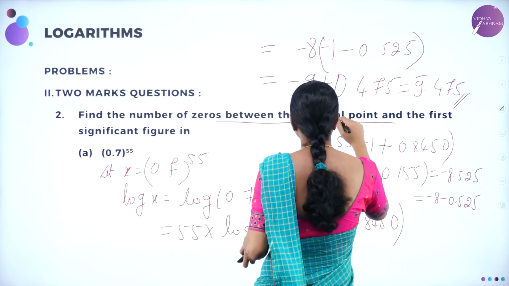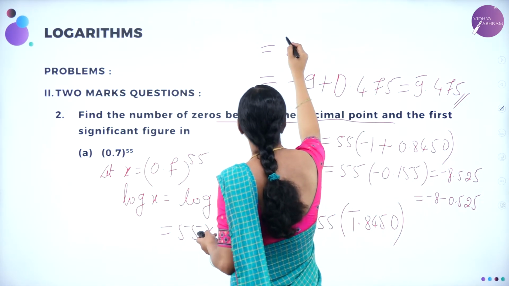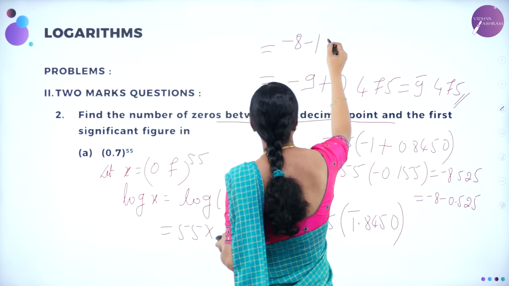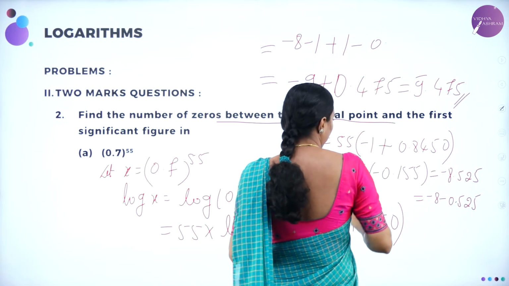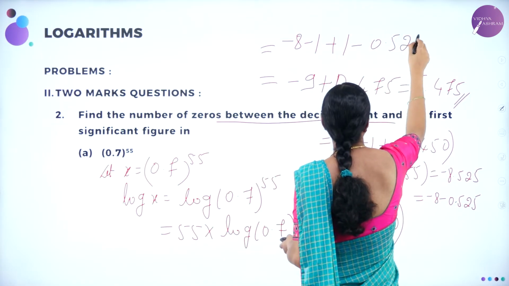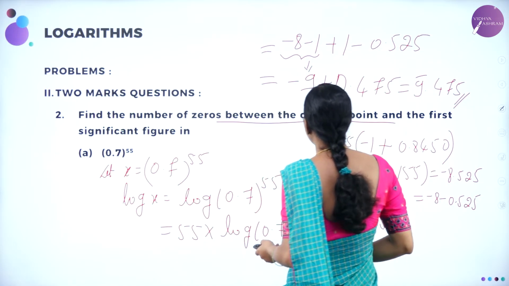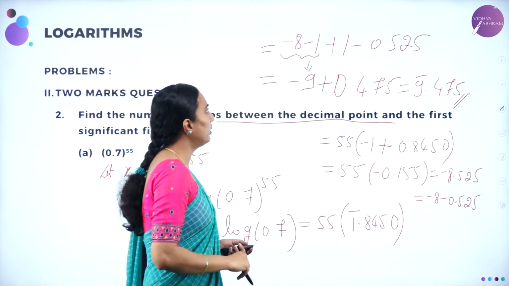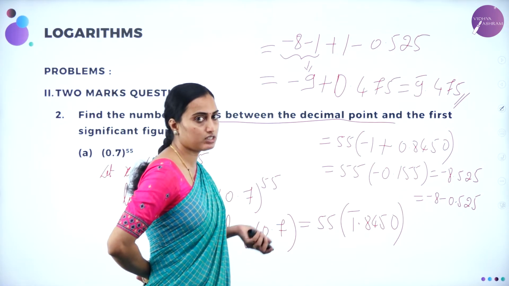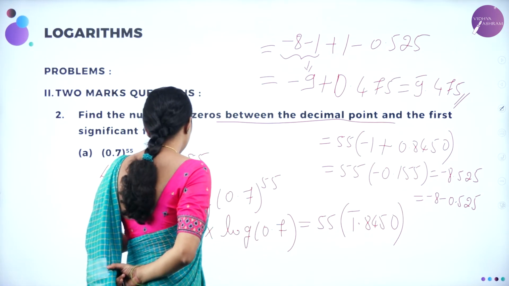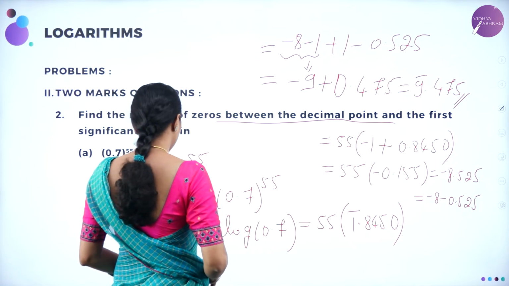So therefore here I can write it as minus 8 minus 1 plus 1 minus 0.525. Because this minus 8 minus 1 is nothing but minus 9, correct? And then you minus from 1, 0.525. One characteristic has to go behind, right? So that is your answer for this question.